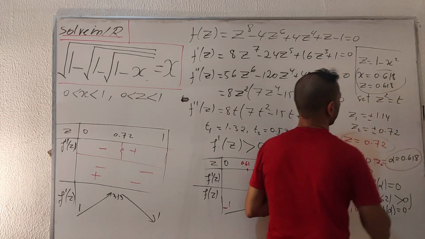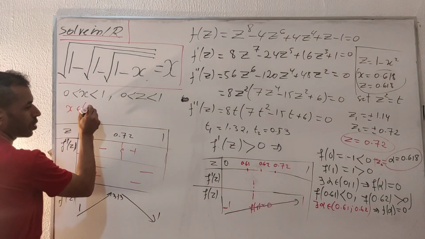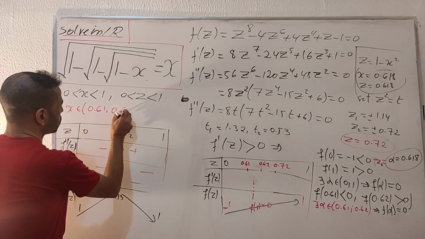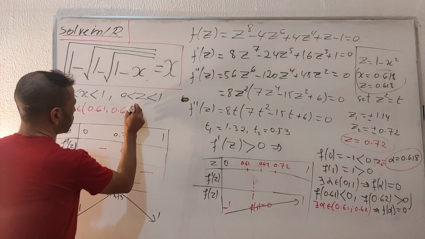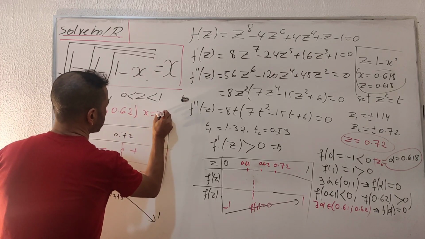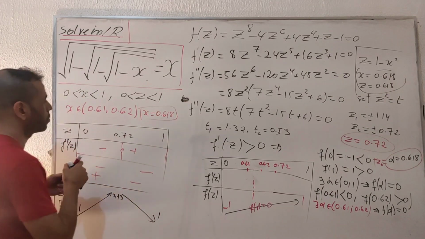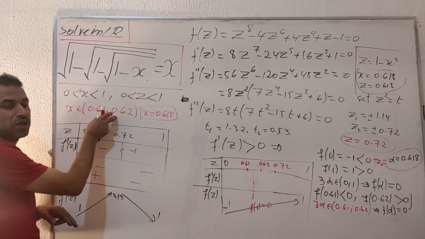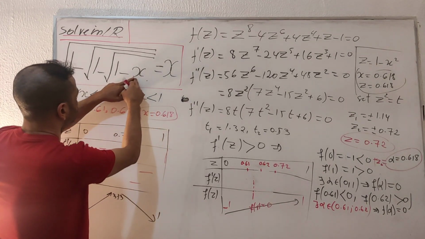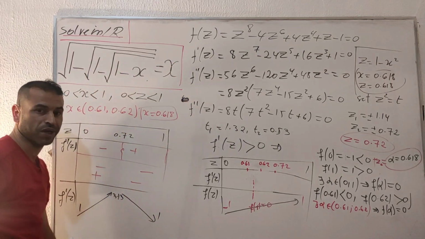You can check it, you find the same thing here. So our solution for this equation is between 0.61 and 0.62. If you replace x with 0.618, by guessing, because this value belongs to this interval, you will find the same thing here. You find 0.618 by calculator.